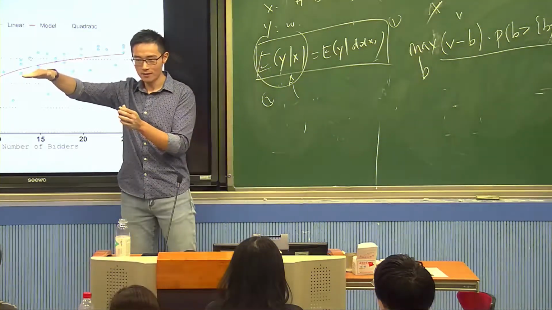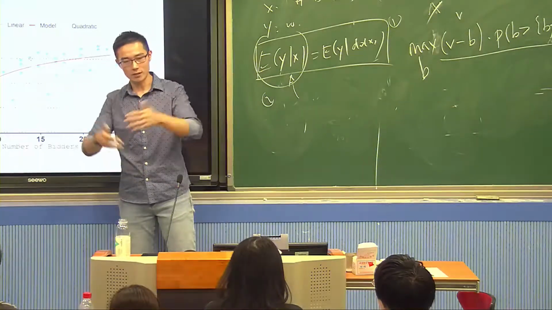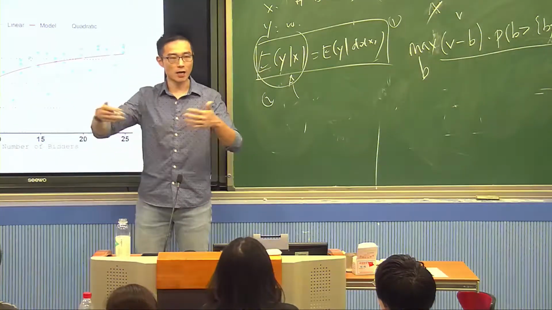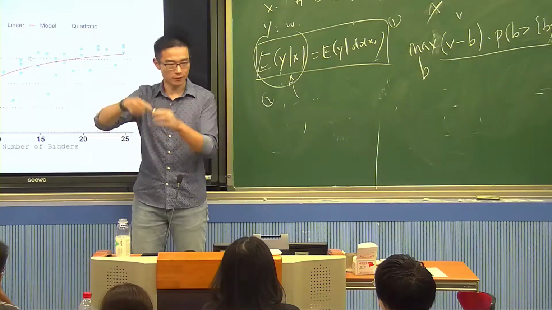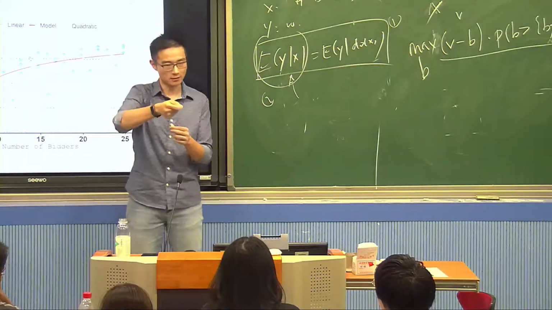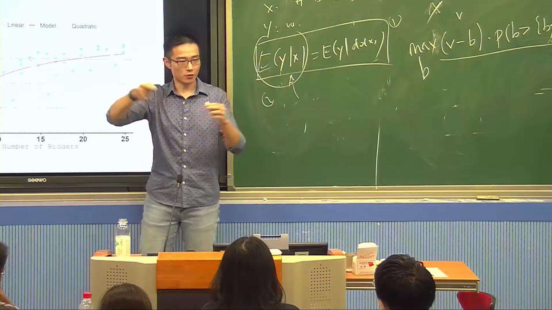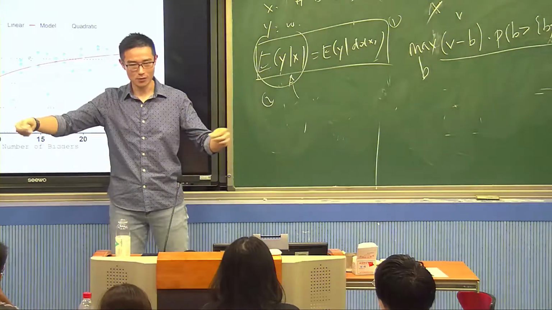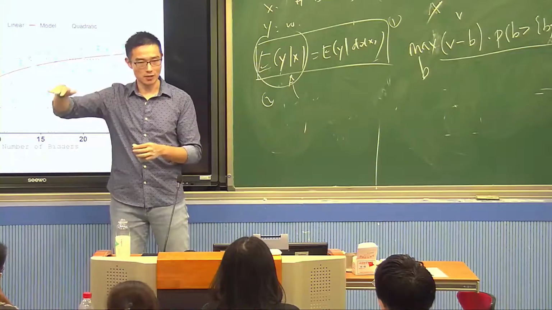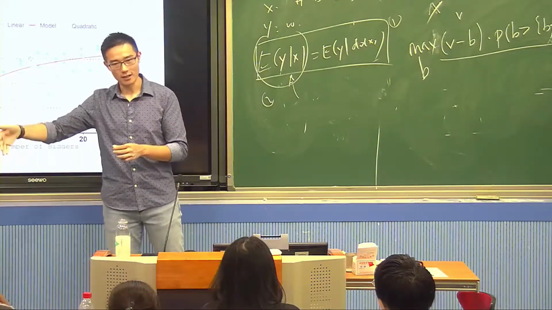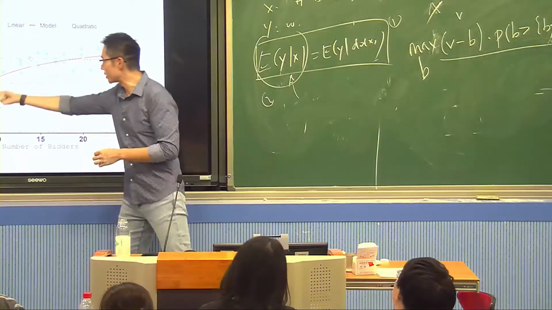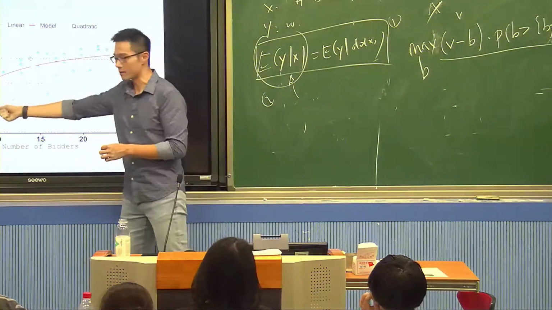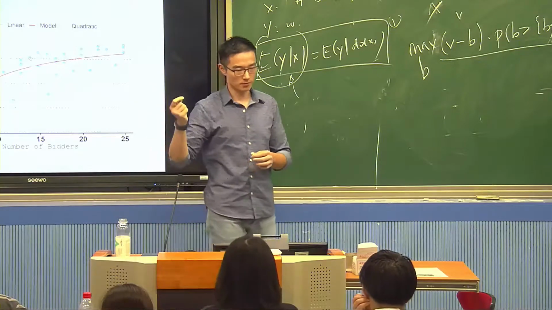If I draw one value from a distribution versus 100 values, the maximum of the 100 values is likely to be much higher than the one value. However, if you go from 100 to 200 to 300, the increase may be slower and slower because it's harder and harder to get a higher and higher max V. So that's the intuition behind why this is a concave and increasing relationship.